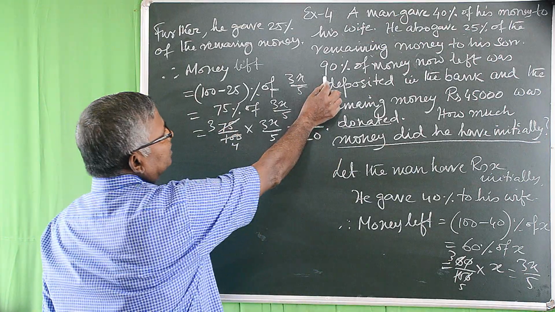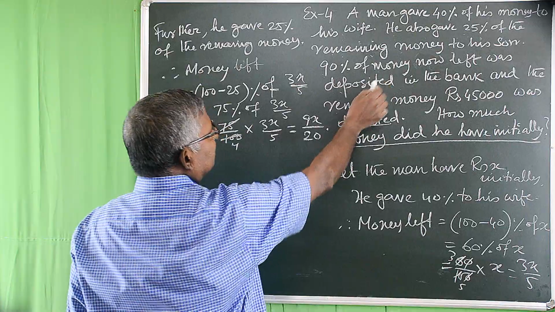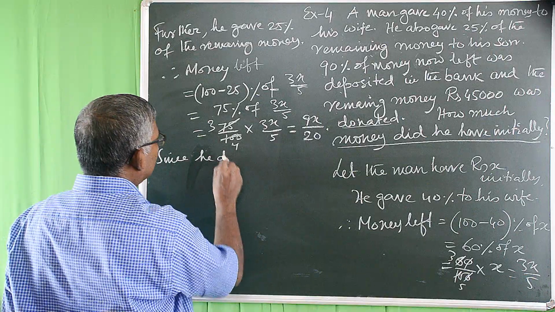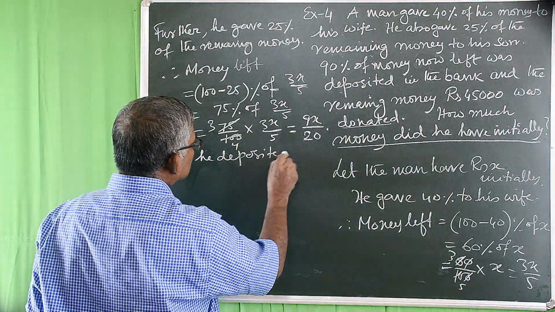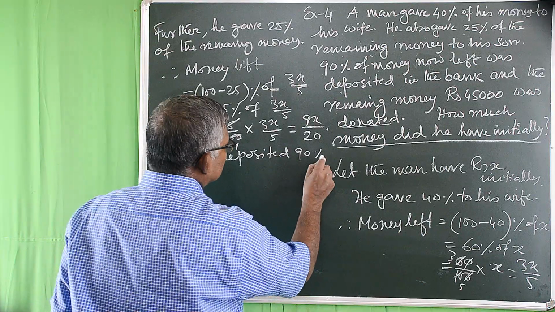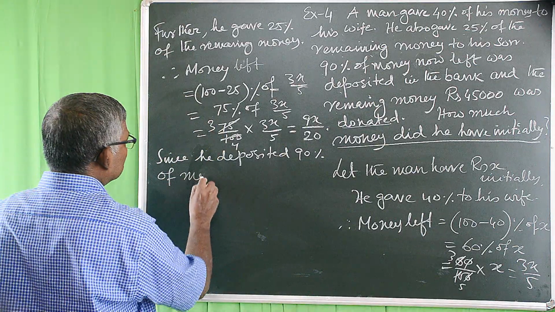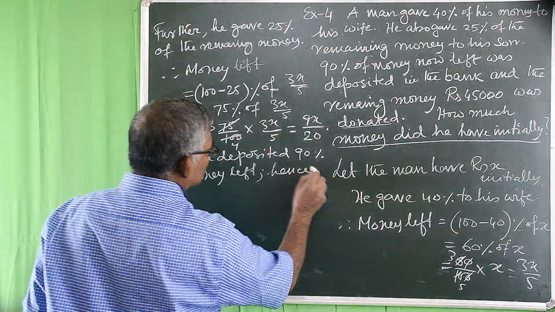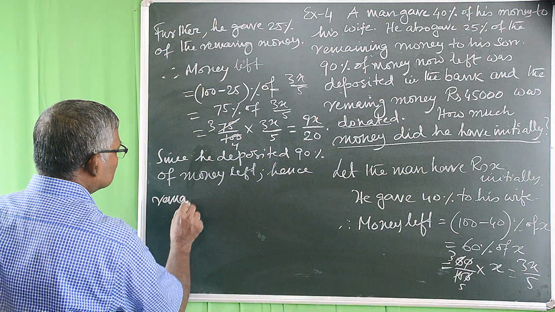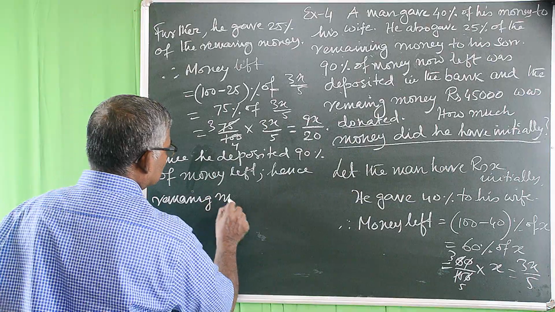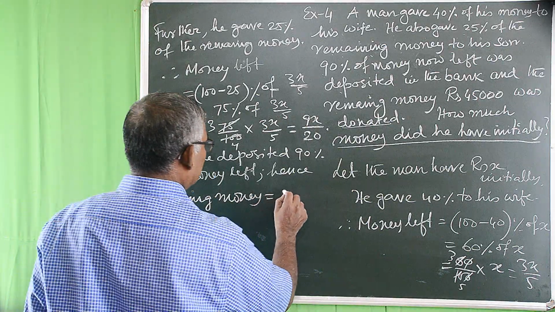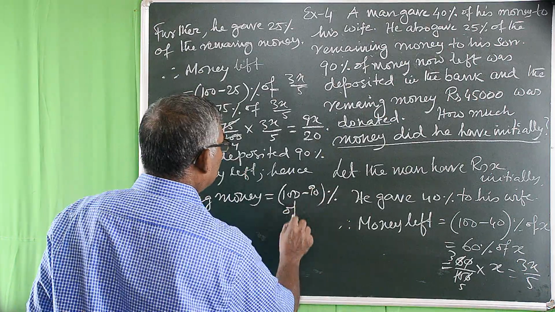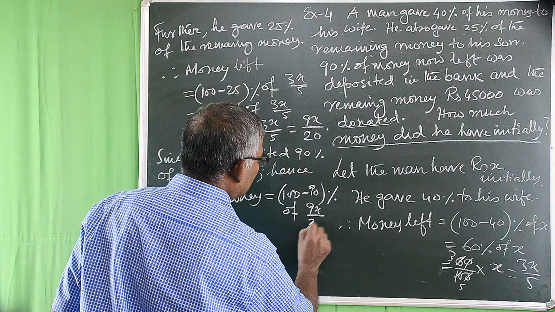He deposited 90% of the money left in the bank. Since he deposited 90% of money left, hence remaining money equals 100 minus 90% of 9x by 20.